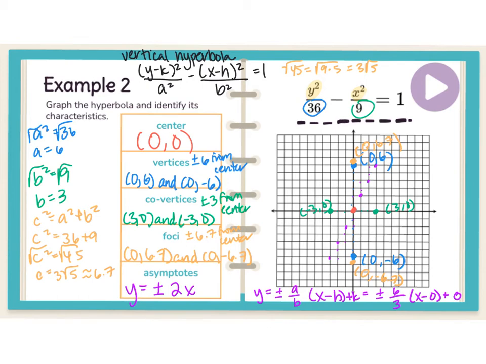And then connect those with a dotted line, and that is my positive asymptote. And then I do the same thing, but down 2 over 1. And that's going to be my negative slope asymptote.